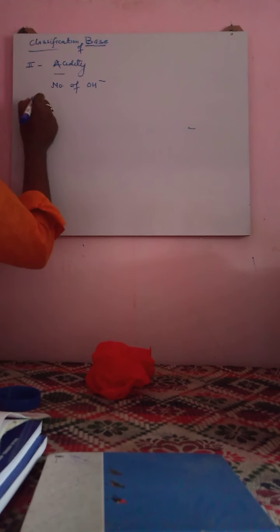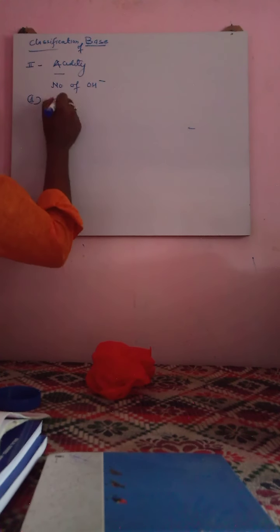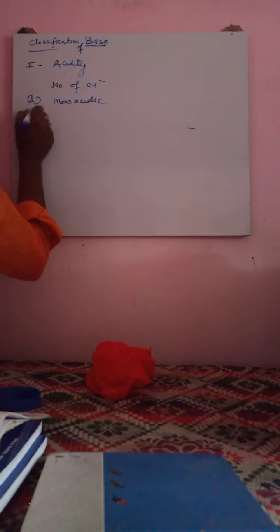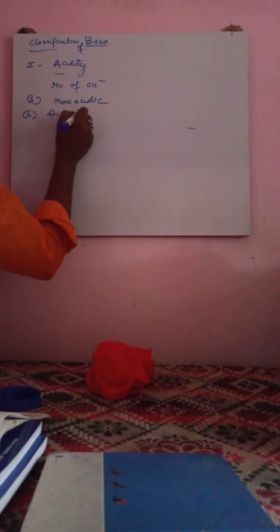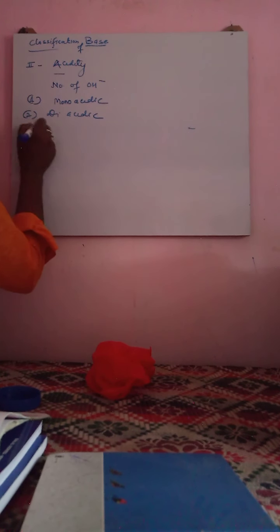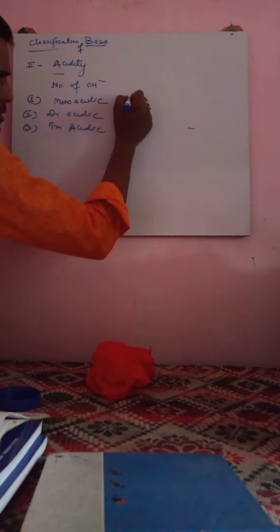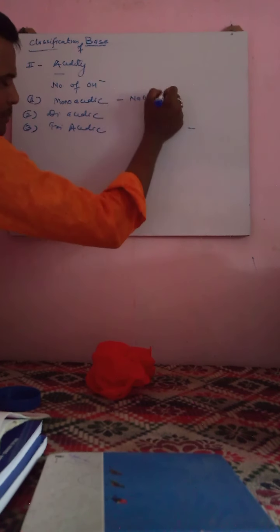Right? So on the basis of acidity, bases are monoacidic, diacidic and triacidic. Monoacidic, for example, sodium hydroxide and potassium hydroxide, containing one hydroxyl radical.